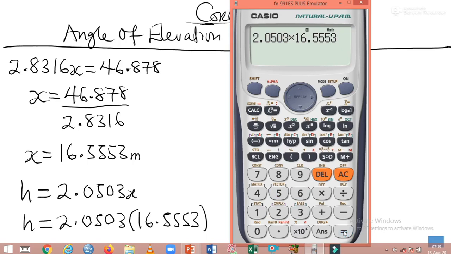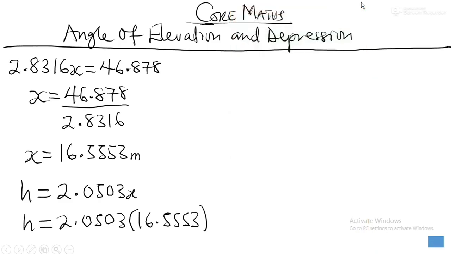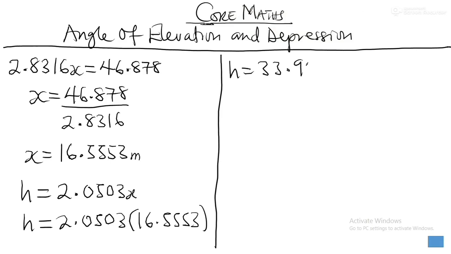So we are getting 33.9433. So that is our h. So our h is equal to 33.9433 meters.